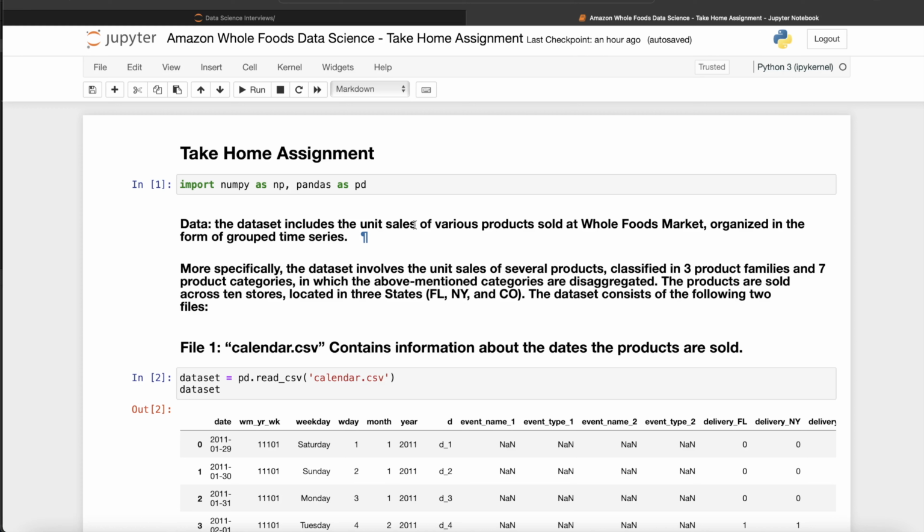The first thing the email talked about was that this data set includes the unit sales of various products sold at Whole Foods markets, organized in a grouped time series. The first thing to keep in mind is that the position I was applying to at Amazon Whole Foods was a data scientist position on their pricing team.